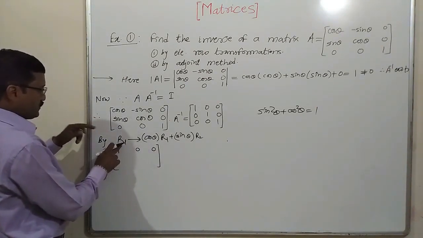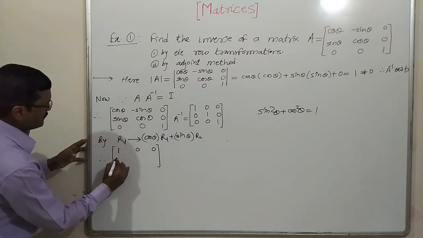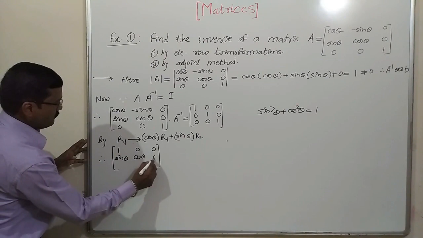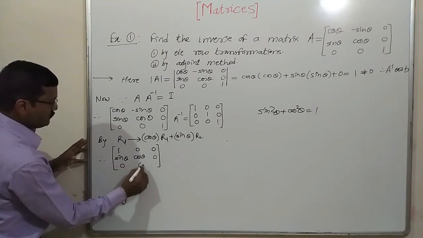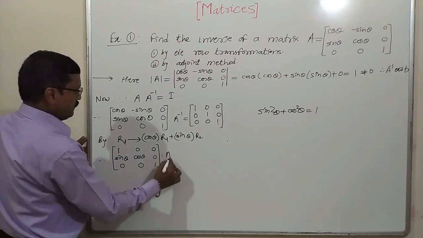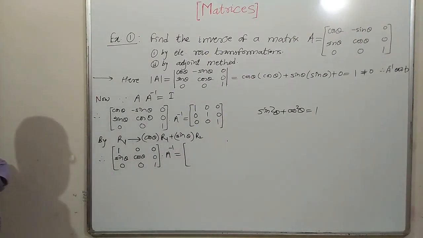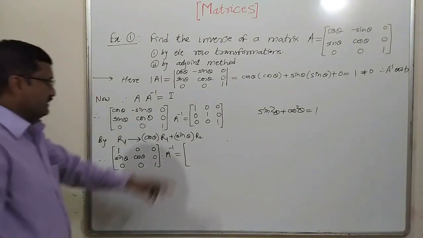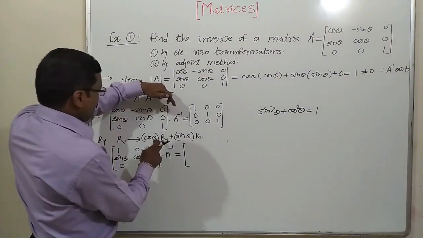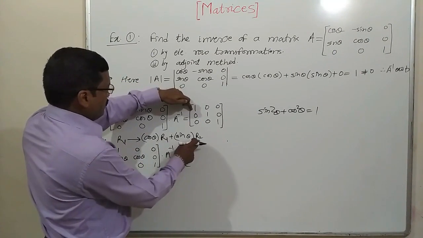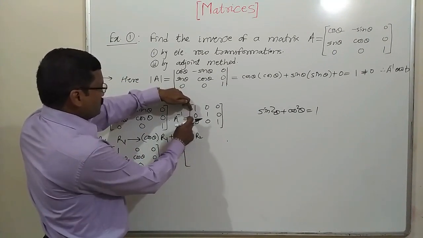Let us move towards second row. We are changing only first row, so second and third rows remain unchanged. That is sin theta, cos theta, 0, 0, 0, 1 into this A inverse. Let us operate the same operation to the right. Here we are multiplying first row by cos theta, so we get cos theta. Multiplying second row by sin theta, we get 0.